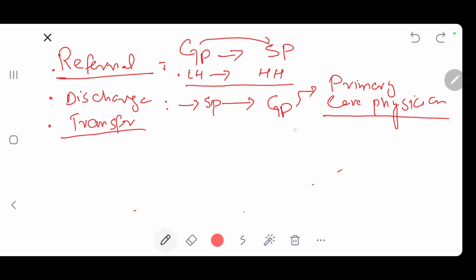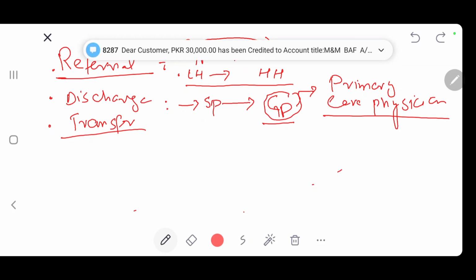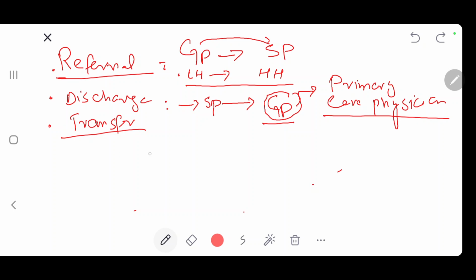In OET medicine, the general practitioner is normally the primary care physician, right? Basically, you are writing this letter back to the primary care physician, okay? So this is the main concept of your letter.